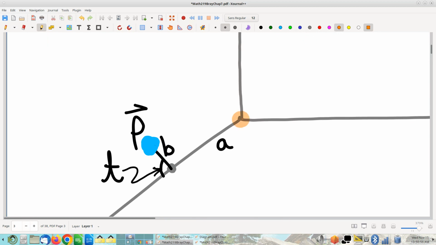It's going to be that, I'm sorry, I wanted this in pencil mode. It's going to be that vector right there, which is just a constant. That's A, 0, 0.